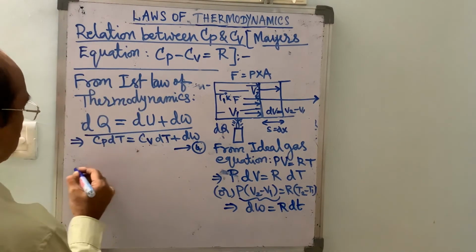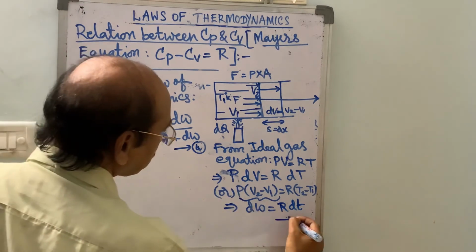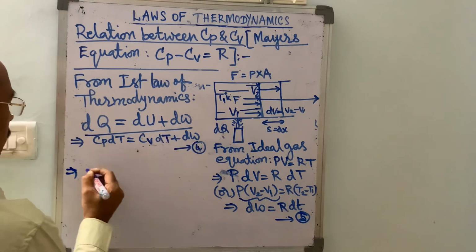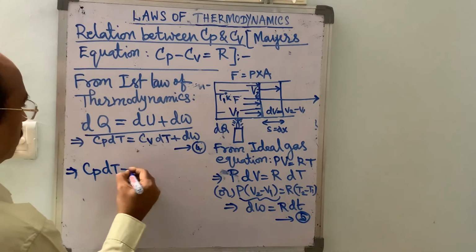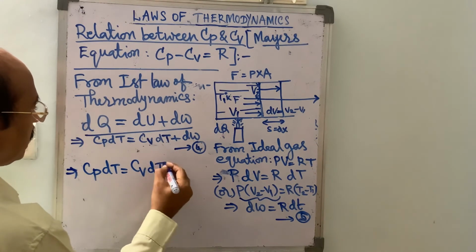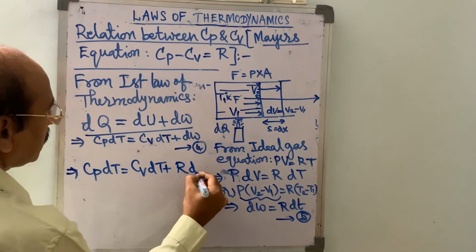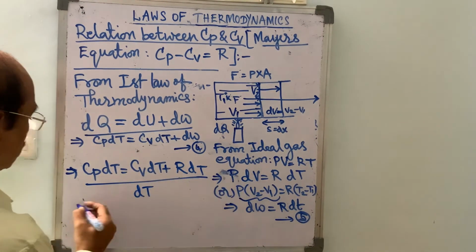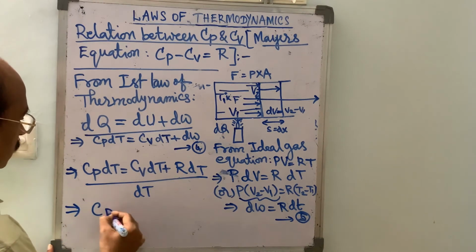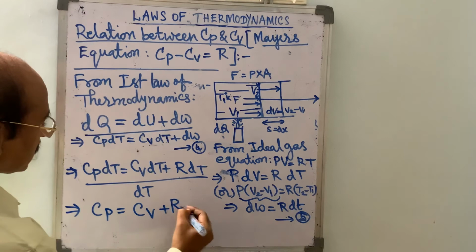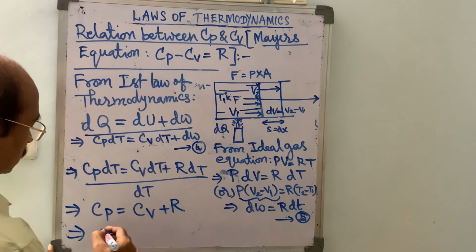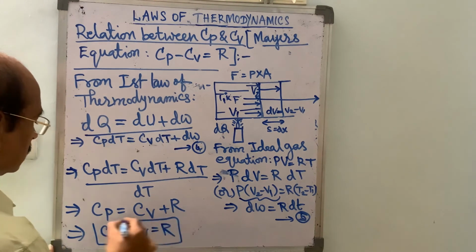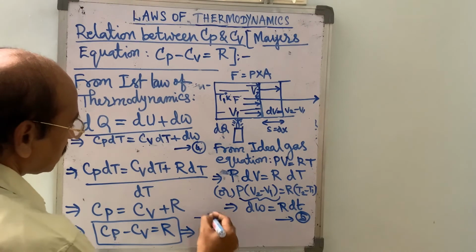Let this be 5. By substituting the value of 5 in 4, Cp dT is equal to Cv dT plus R dT. By dividing with dT on both sides, we get Cp is equal to Cv plus R, or Cp minus Cv is equal to R. This is known as Mayer's equation.